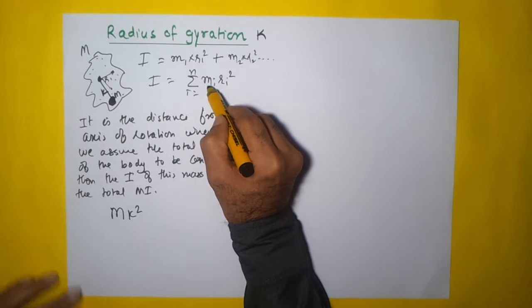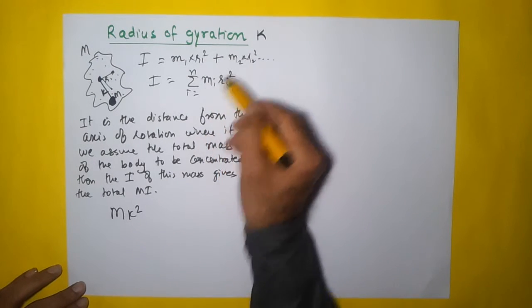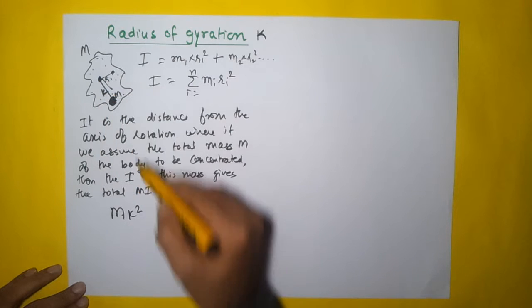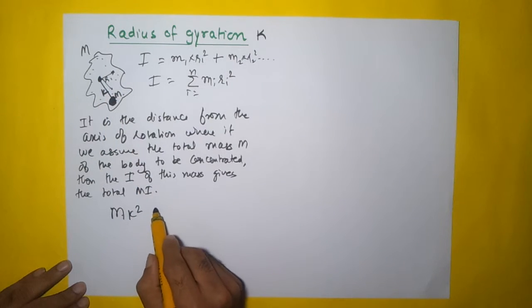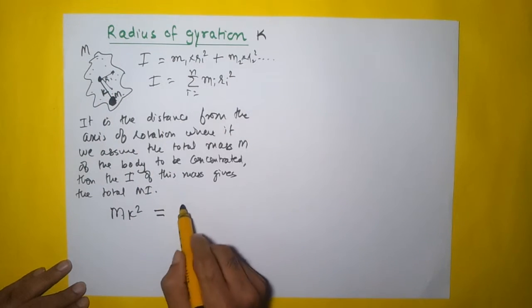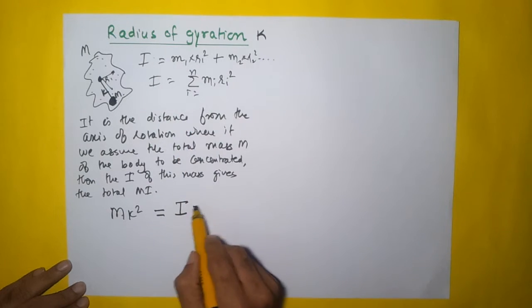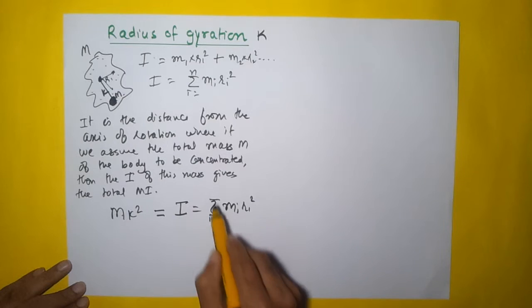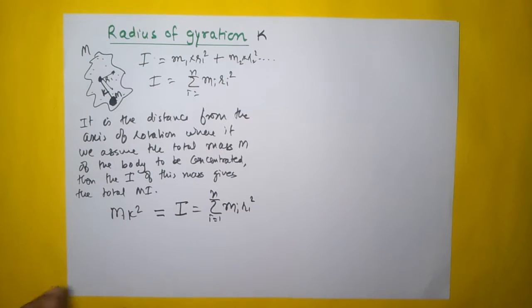The way we take mass and distance from the axis of rotation squared, same way, the mass is the total mass of the body, k is the distance from the axis of rotation, and Mk square will give me the total moment of inertia of the body I, which is equal to sigma mi ri square, i from 1 to n. I hope with this you have got some idea about what the radius of gyration of an object is.